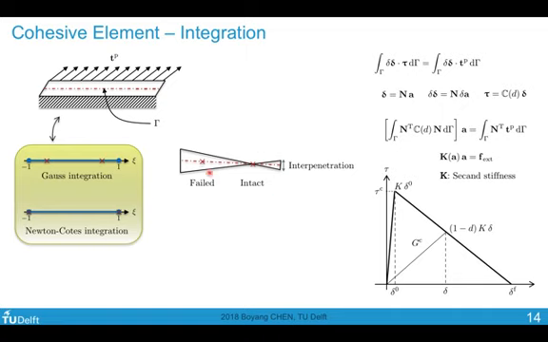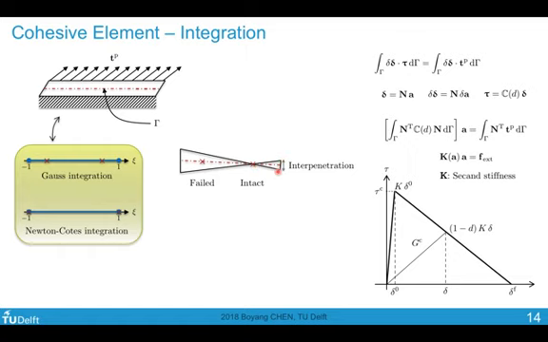In a case where we have one failed element and one failed integration point and one intact integration point, it may occur that you have this kind of artificial interpenetration because of this scenario. When you have the integration point, you are calculating the stress and strain at this integration point, which means that whatever constraint you have, such as the high penalty stiffness to prevent overclosure, is only active on these integration points.